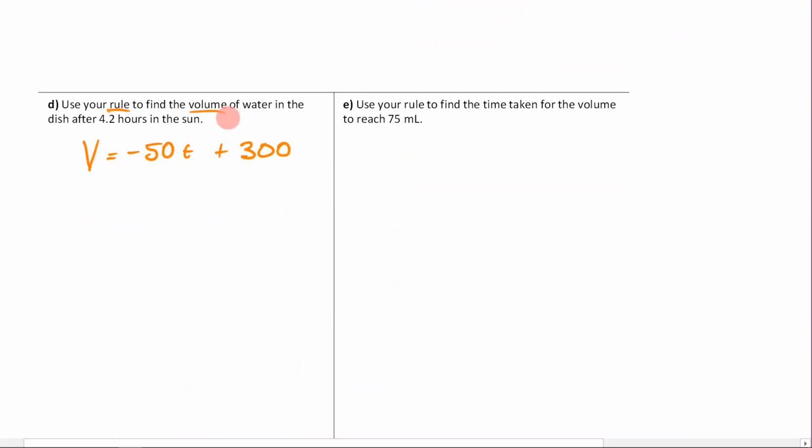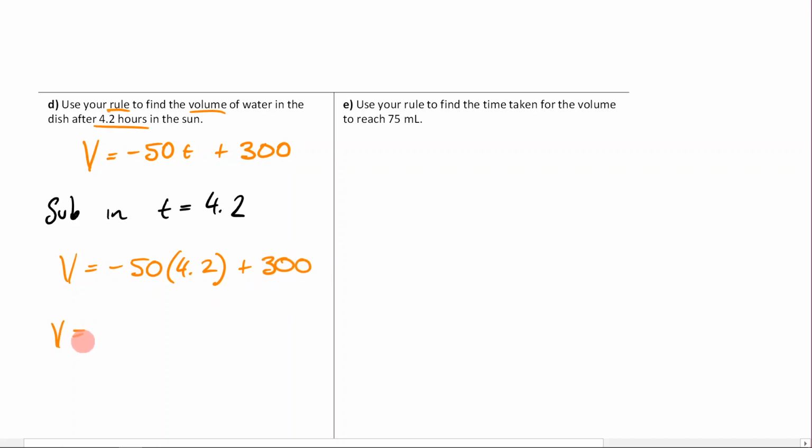Then it says find the volume after 4.2 hours in the sun. So we're going to sub in the time that they've given us. Sub in T is equal to 4.2. So we're going to rewrite it, but instead of T, we're going to write 4.2. So my volume is equal to negative 50 times 4.2 plus 300.